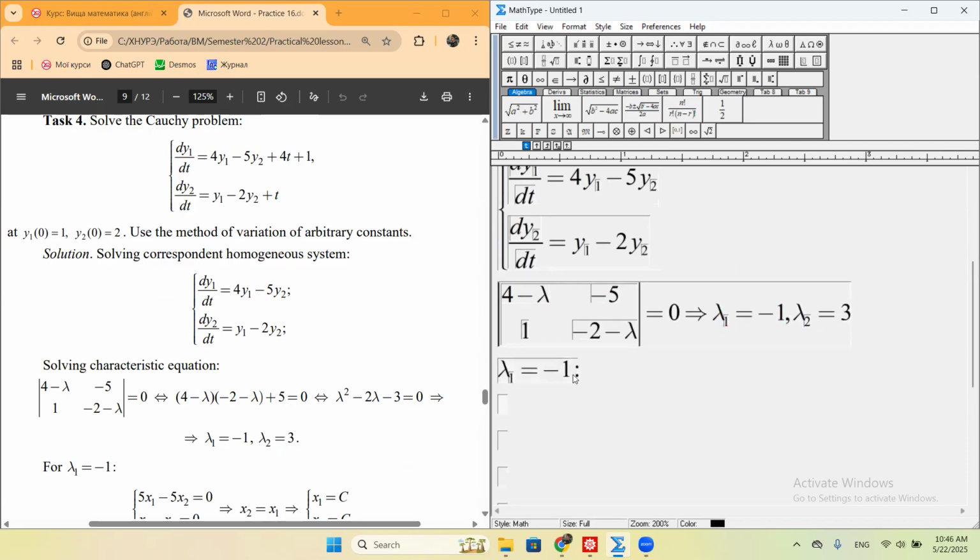So for lambda 1, we will have 5 minus 4 and 1 minus 1.